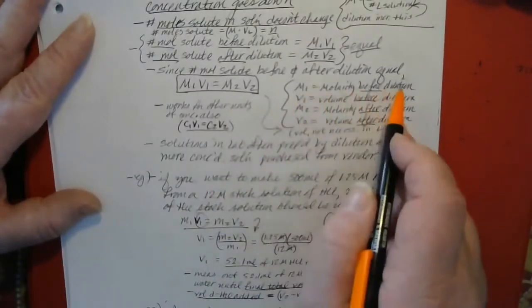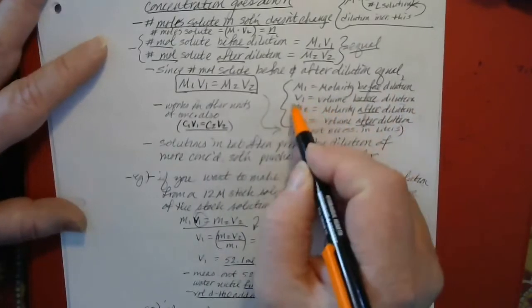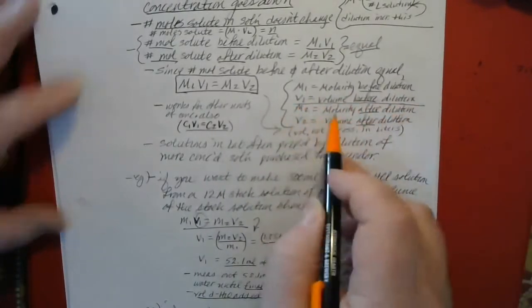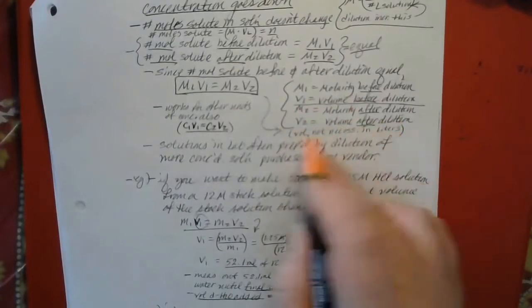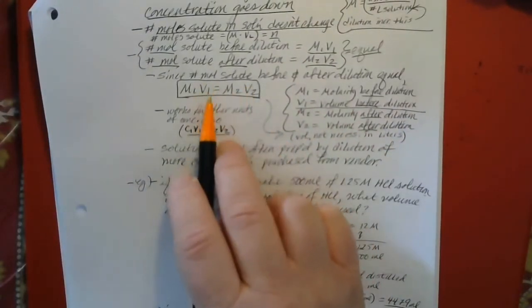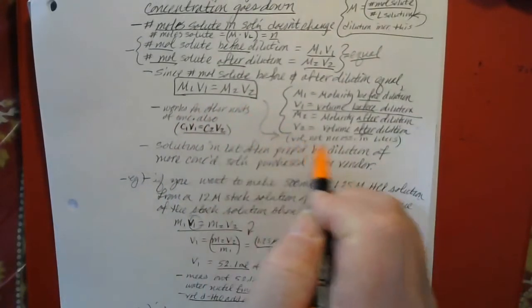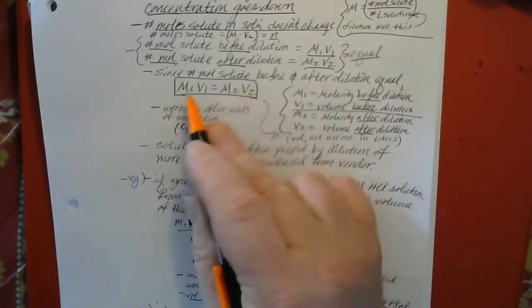Okay, so M1 is the molarity before dilution, V1 is the volume before dilution, M2 is the molarity after dilution, and V2 is the volume after dilution. The reason I'm using V here instead of L, like I did when I was talking about molarity, is that the volume doesn't necessarily have to be in liters.